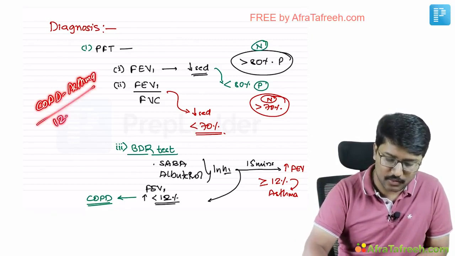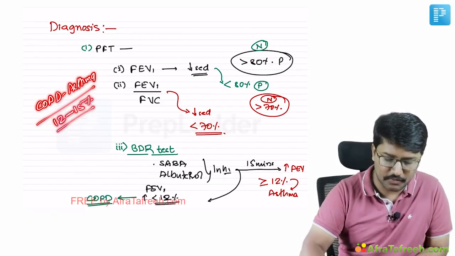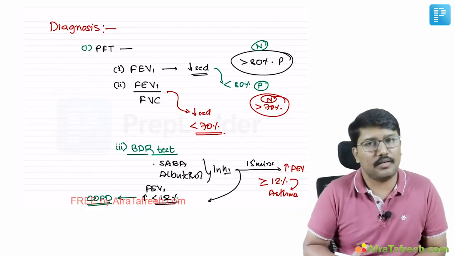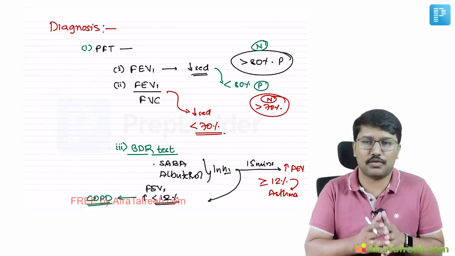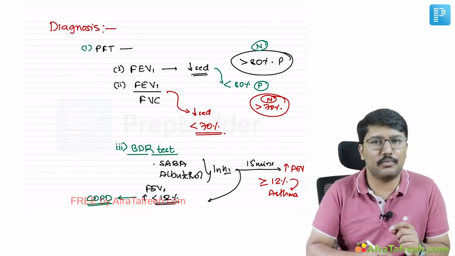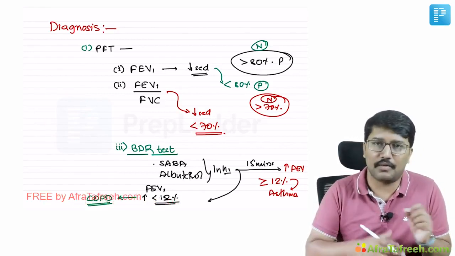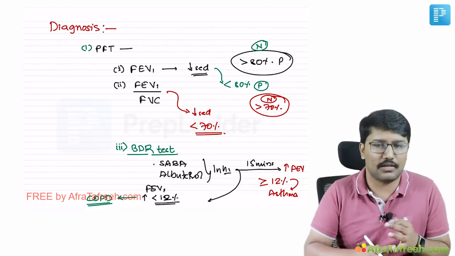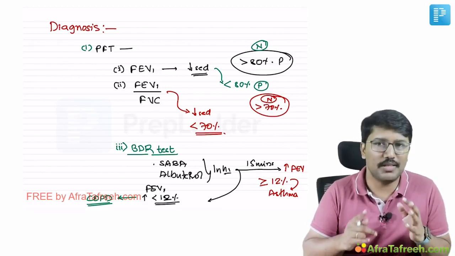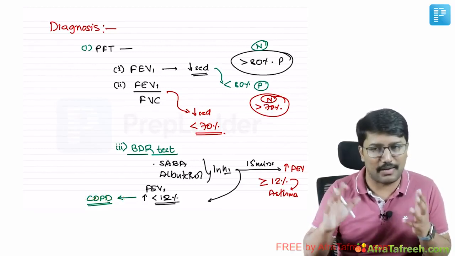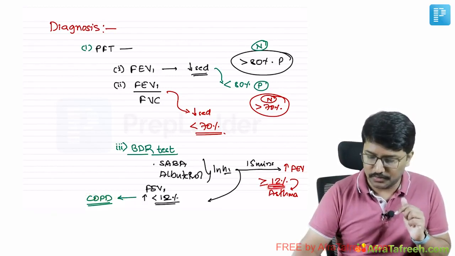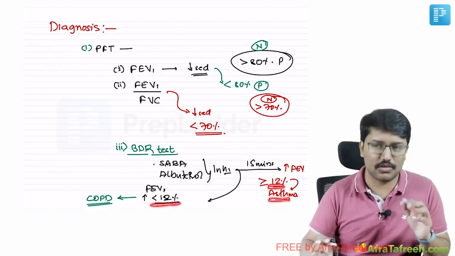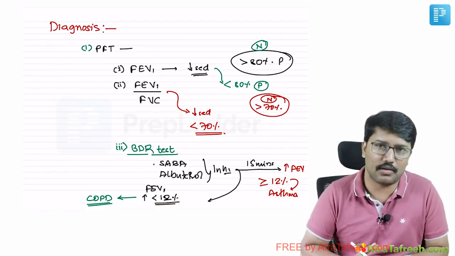You might see the bronchodilator reversibility demonstrating 12 to 15% improvement in the FEV1. So, it's not a hard and fast rule to say that, okay, if you have 13% improvement in the FEV1 after administration of albuterol, that does not mean it has to be bronchial asthma. There's still possibility that it could be COPD. So, we have to remember this point.